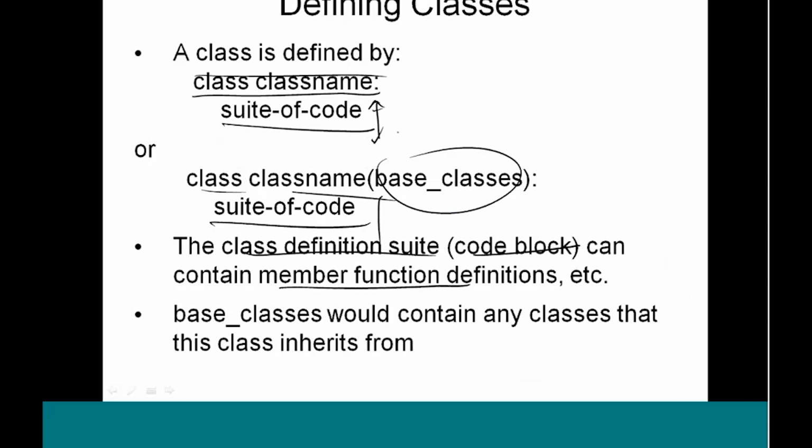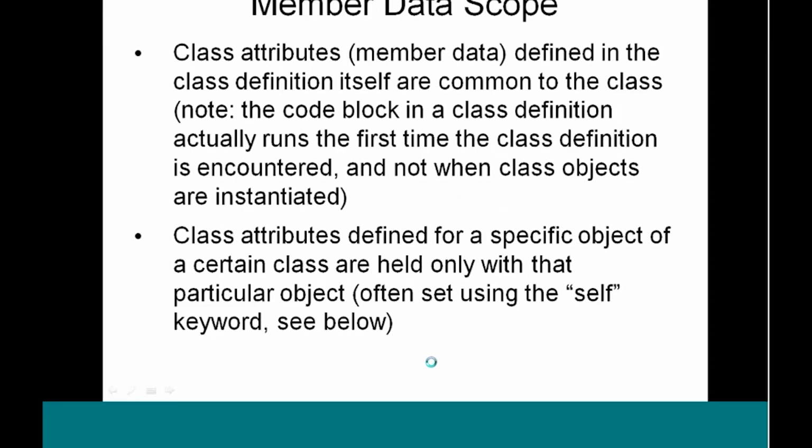What this means is basically whenever you define data, they are restricted to these member functions and the member data. The base classes though would contain any class that this class inherits from. Okay.